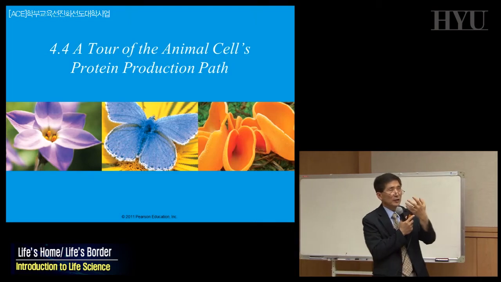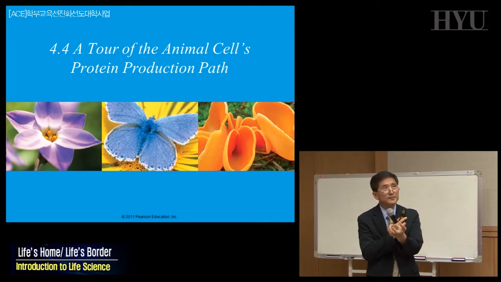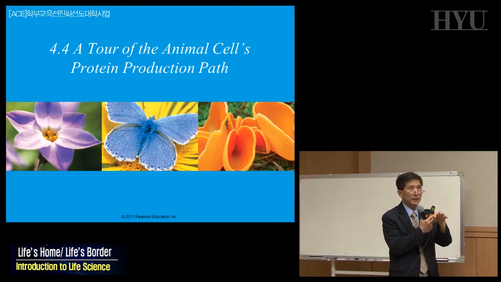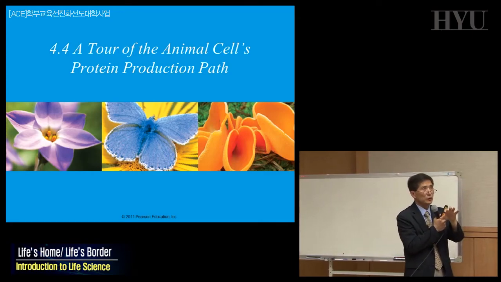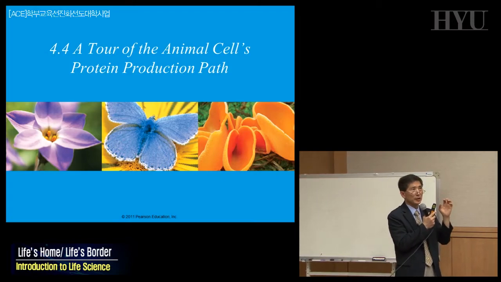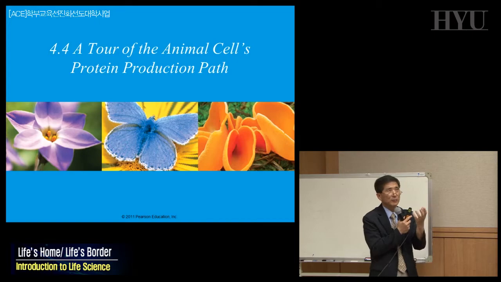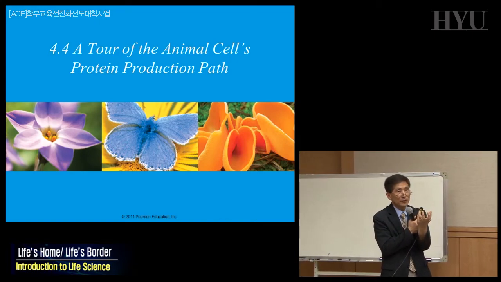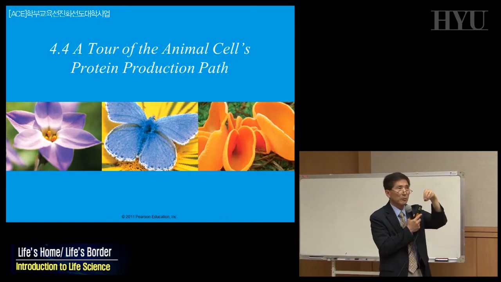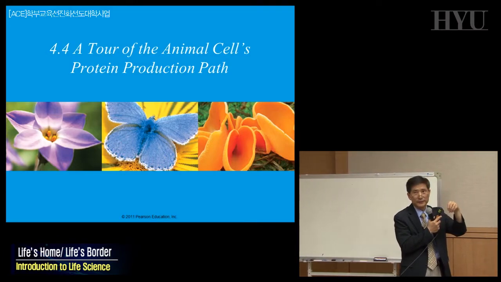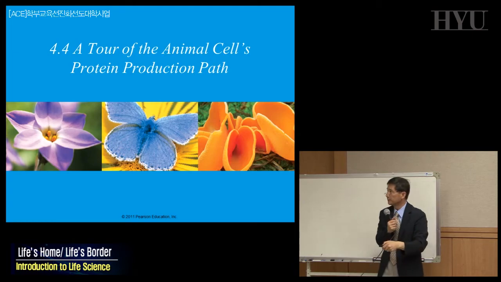That information is stored in DNA and copied into RNA. Based on that information, you make protein that will express yourself. All these things happen inside the cell, and we'll follow each step to see where inside the cell this happens.